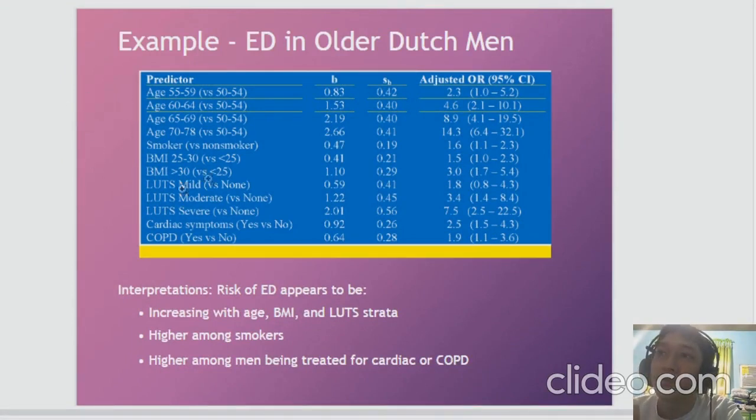This is the table: predictor, odds ratio, 95% confidence interval. Interpretation: risk of ED appears to be increasing with age, BMI, and LUTS strata, and is higher among smokers and higher among men being treated for cardiac conditions or COPD.